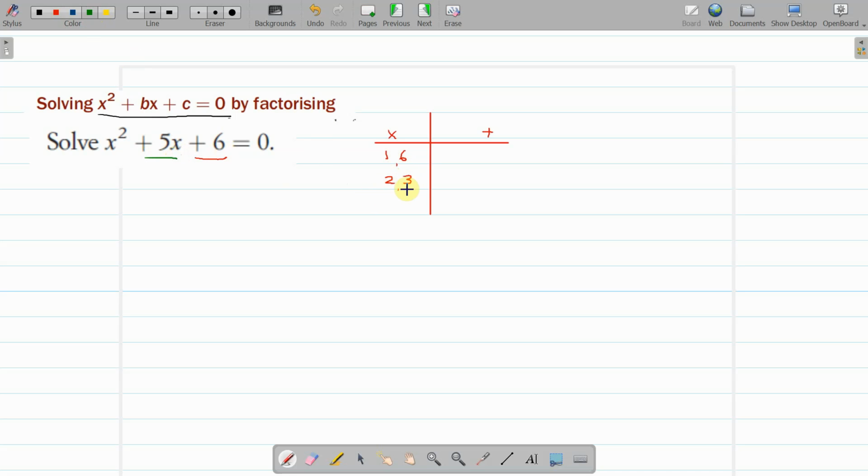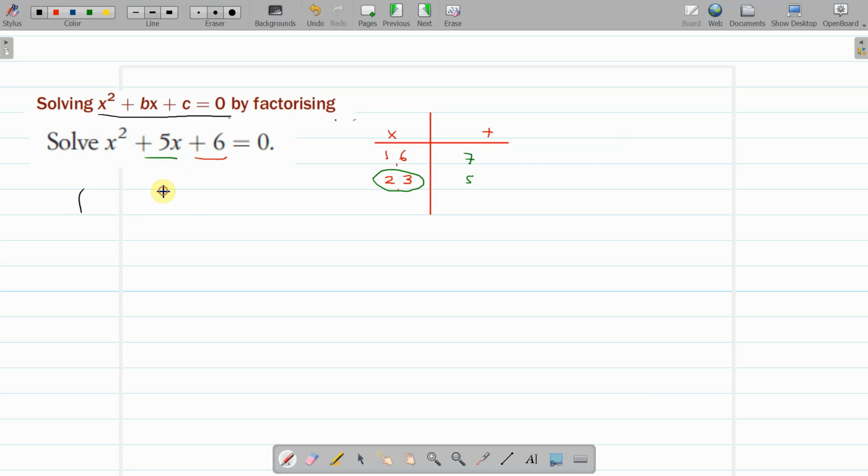And there's only one set that does that, and that's the 2 and the 3. So these are the numbers we're after. First you multiply to get 6, when you add those numbers you get 5, and we'll come up with 2 and 3.